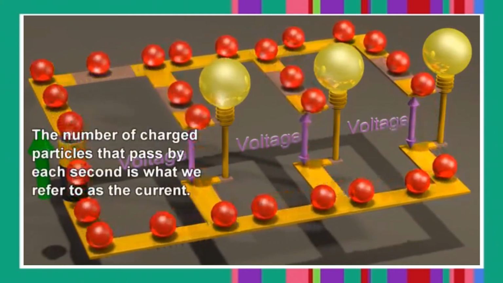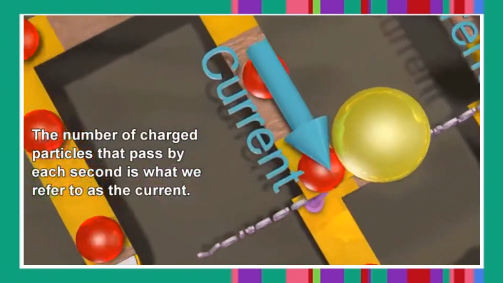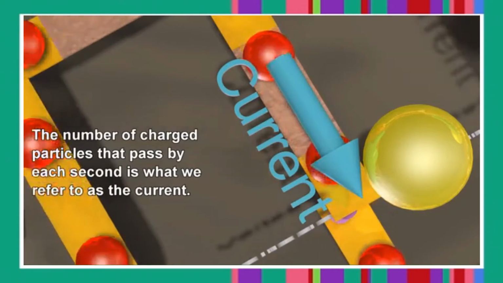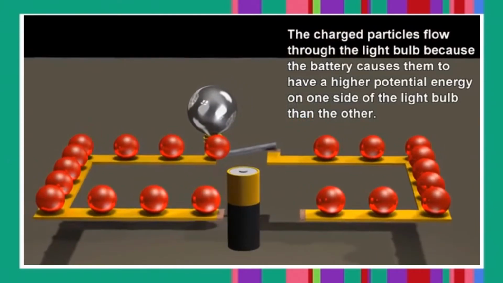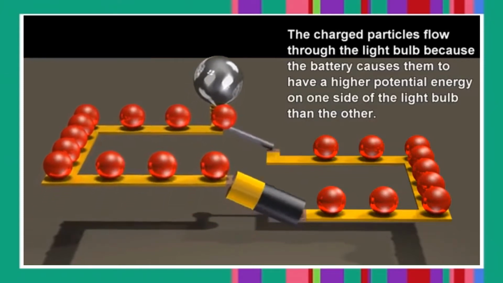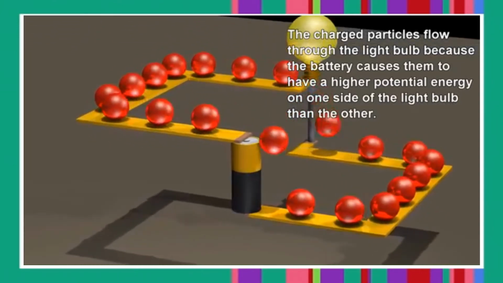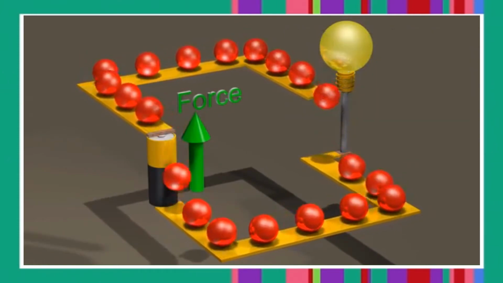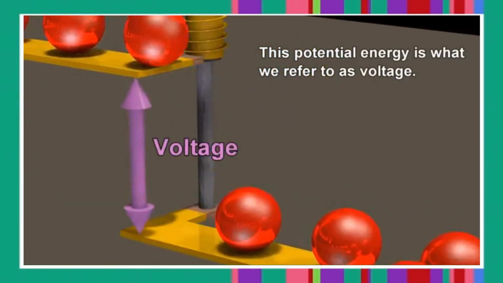The number of charged particles that pass by each second is what we refer to as the current. The charged particles flow through the light bulb because the battery causes them to have a higher potential energy on one side of the light bulb than the other. This potential energy is what we refer to as voltage.